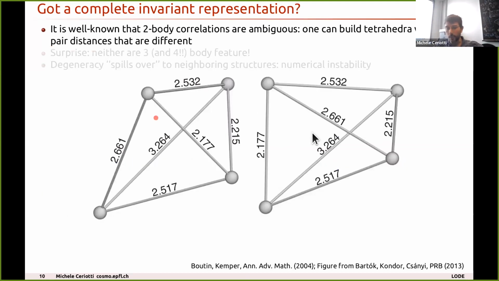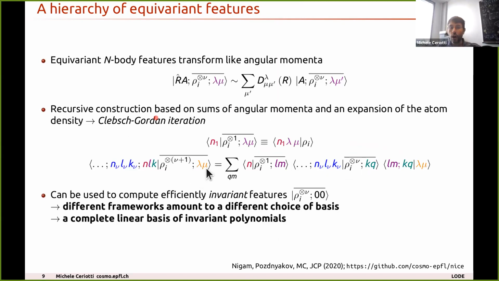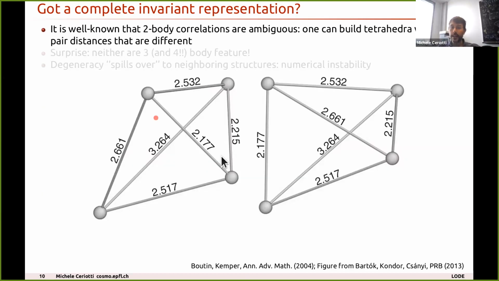Now, one problem, and I know that this is basically how Vitaly and I got to know each other, is understanding whether keeping just some of these correlations, and in particular keeping only the invariant terms in this hierarchy, is enough to fully characterize in a symmetric way a bunch of atoms. It is very well known that keeping only distances is not enough.